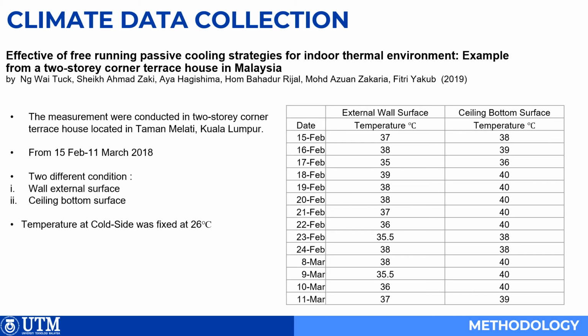The measurements were conducted in a two-story corner terrace house located in Taman Melati, Kuala Lumpur, over 14 days from 15 February until 11 March 2018. Two different conditions were applied in the experiment, at the external wall surface and the ceiling bottom surface, shown in the table. The cold side was fixed at 26 degrees Celsius as the average room temperature in a tropical climate.